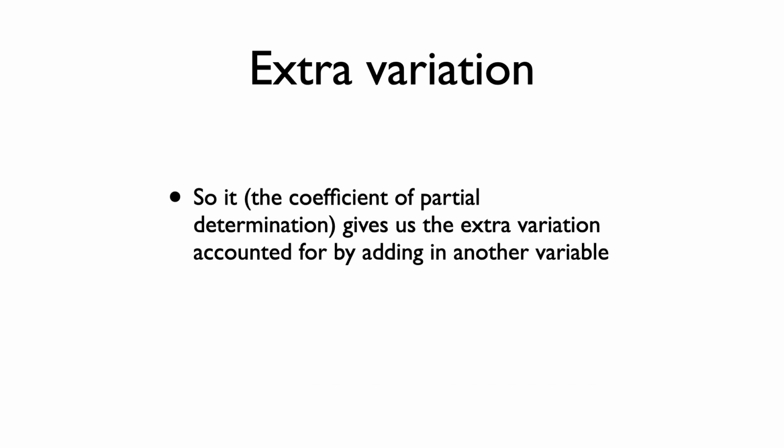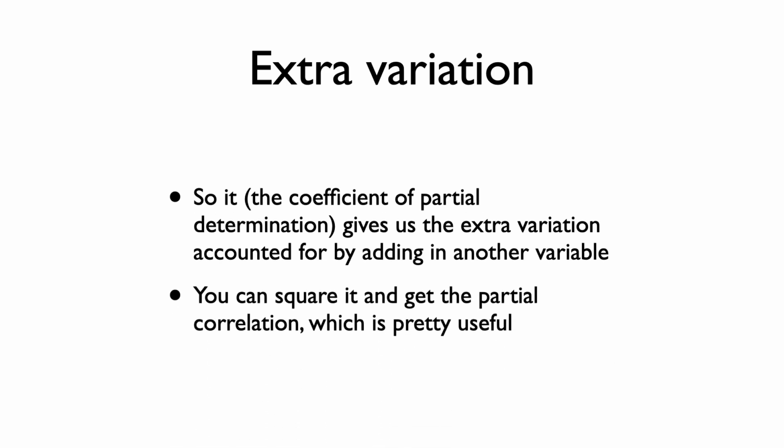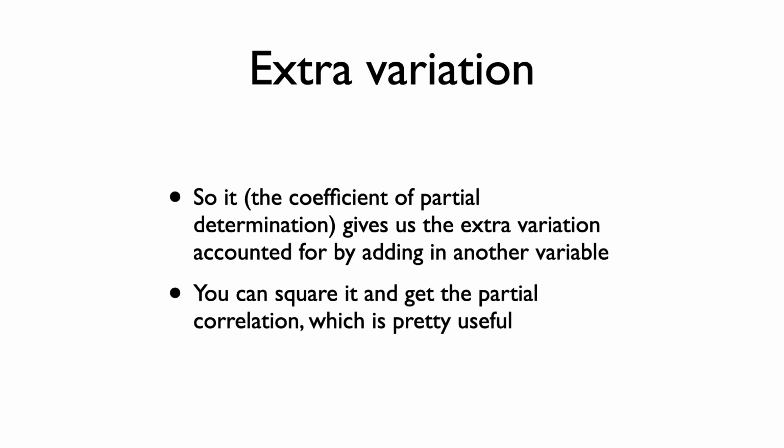Well, it went backwards. That was weird. But it didn't go back. Whoops. Well, I broke that. I will sit here and talk about this while I try to repair this admittedly 30-year-old mess, or 20-year-old mess. So you can square that and get a thing called the coefficient of partial determination.